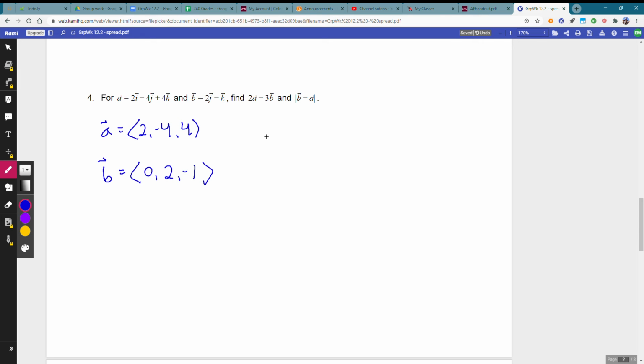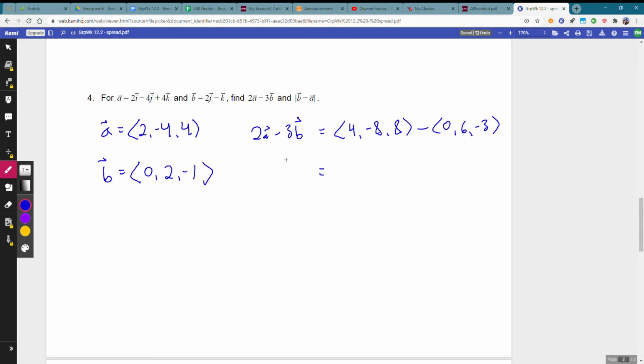All right, and so 2A minus 3B. Well, for 2A, we're going to scalar multiply our vector A here by 2. That'll double all of the entries. So it'll be 4, negative 8, 8. And scaling the B by 3, we'll triple all those. So 0, 6, negative 3.